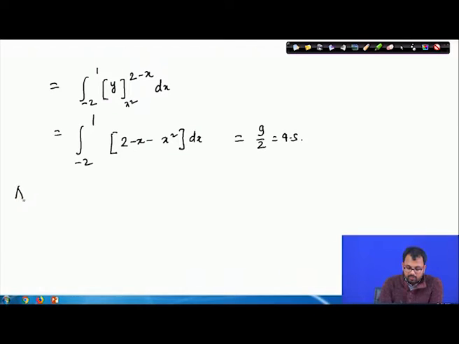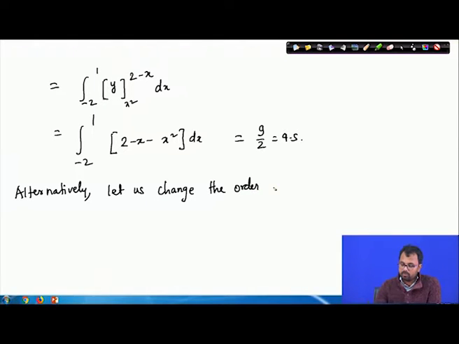So alternatively, now let's change the order. Alternatively, let us change the order of integration.